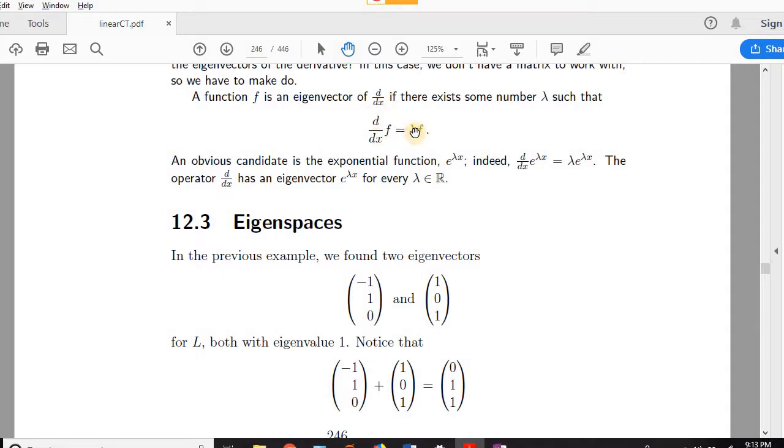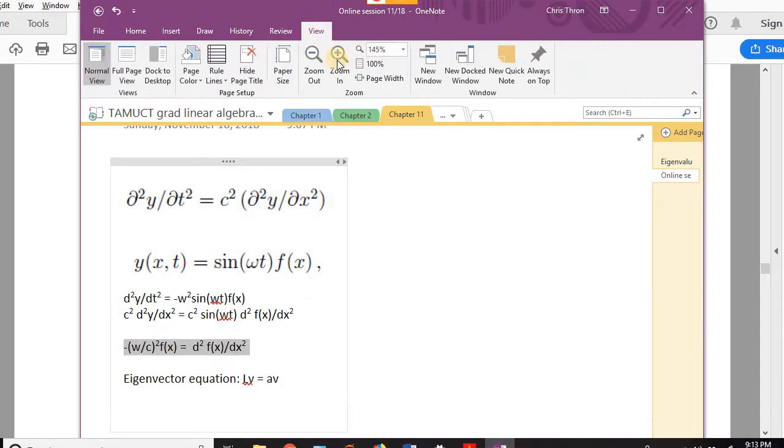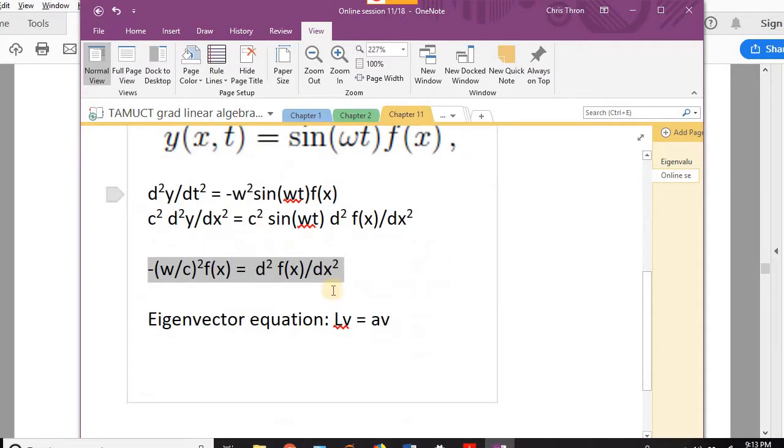So you have d/dx f equals lambda f, and in this case, the eigenvalue is lambda. So what do we have here? We've got this equation, which I will make bigger. How do you relate that to the eigenvector equation?